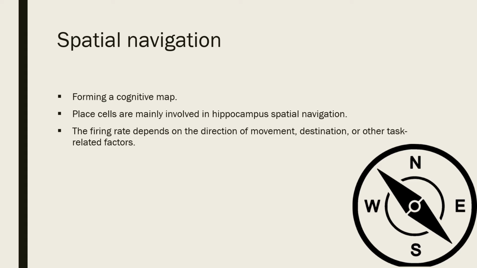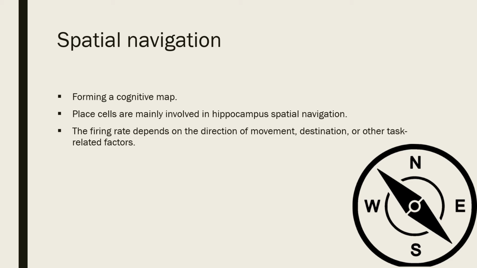Spatial navigation. This is one major function of the hippocampus, which is forming a cognitive map. This is a type of mental representation related to acquisition, coding, storing, recording, and decoding of information on relative locations within a specific environment.